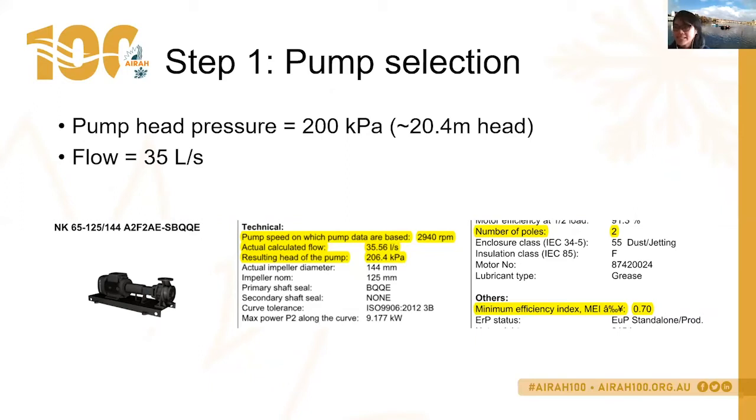You can see here that this is a long coupled end suction pump. We have a 2-pole pump motor, which stands at 2,940 RPM. We have the flow and head. And then you can see here on the bottom right, that's the MEI, or the minimum efficiency index.